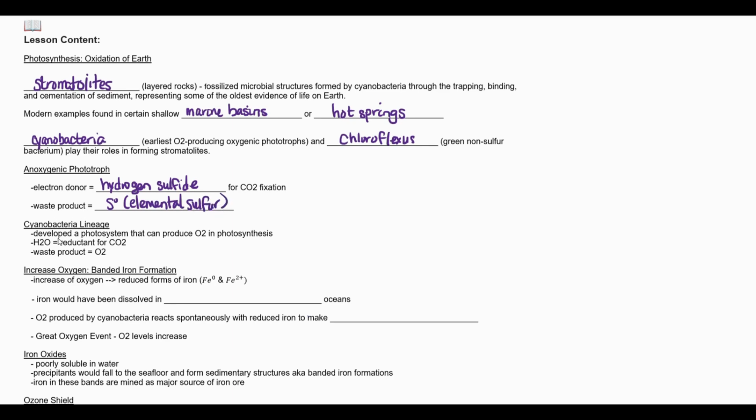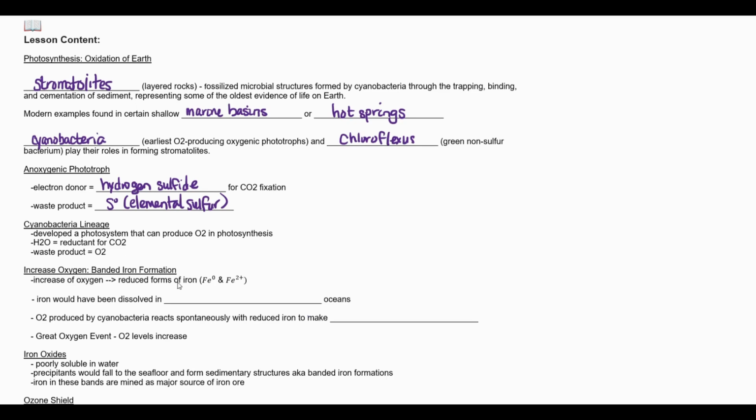Now, cyanobacteria, they develop a photosystem that can produce oxygen in photosynthesis. So the water is the reductant for carbon dioxide, and then the waste product, of course, would be oxygen.